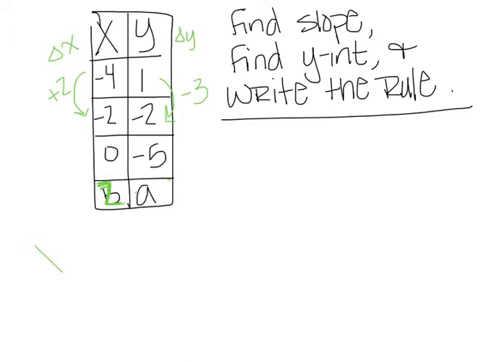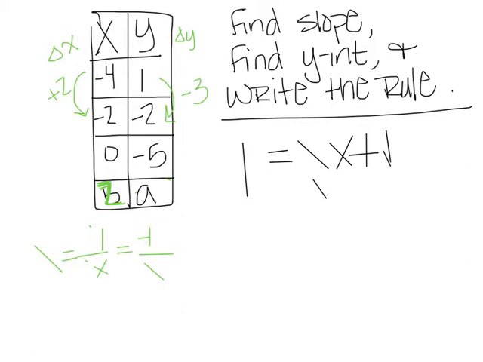So our slope, which remember is the change in y over change in x, our change in y is a -3 over our change in x, which is a +2. So if we were to look at our y equals mx plus b form, the m value we found is -3/2.